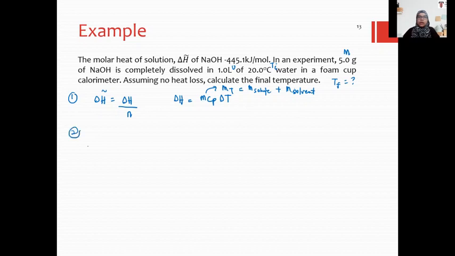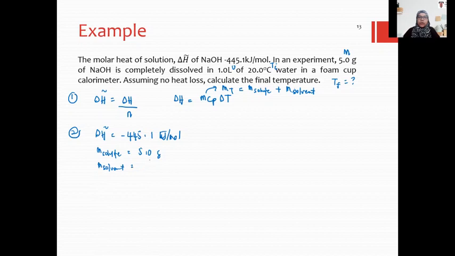Second is to extract all the information, or list out the additional information that we are going to have in solving the problem. So we have delta H equal to minus 440.1 kilojoule per mole, and then the mass of solute is 5 grams.